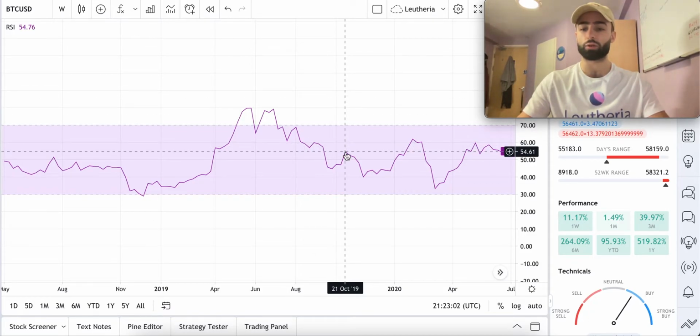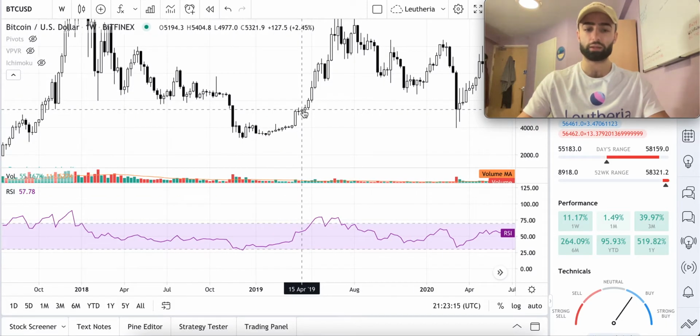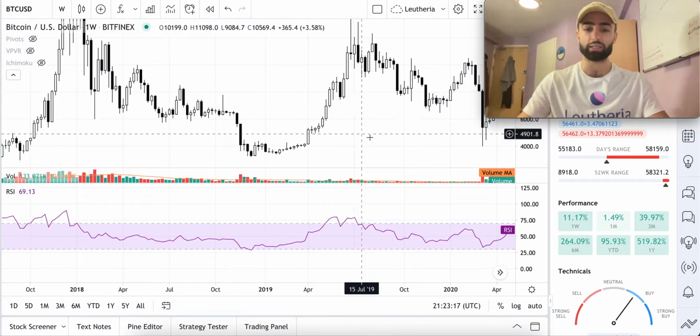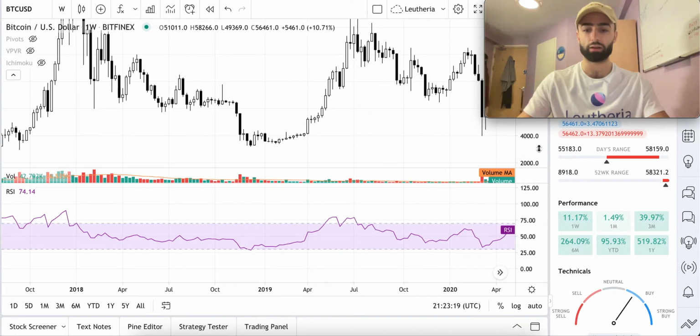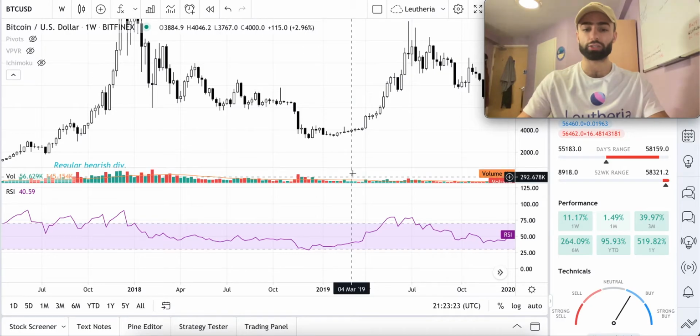If you look horizontally over there, we're at about 54.76 on the RSI, and that's the horizontal level that we're currently operating at. So those are the basic components of the RSI, but let's examine this price action right here on Bitcoin's weekly time frame to see how this actually works in action.